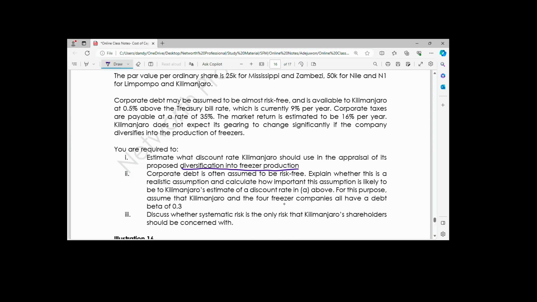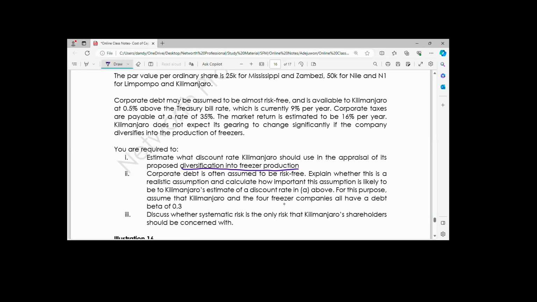We said that if in the question you are given capital structure information like ordinary share capital, preference share capital, debt capital, then the returns on those capital like ordinary dividend, preference dividend, share price, all those kinds of information, then you need nobody to tell you that you are supposed to calculate traditional weighted average cost of capital.